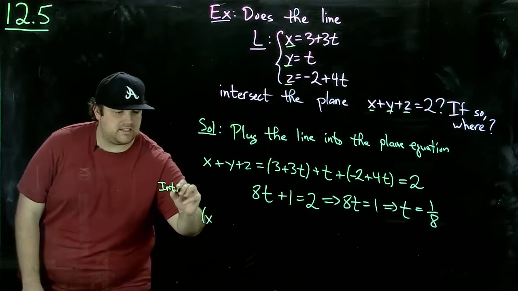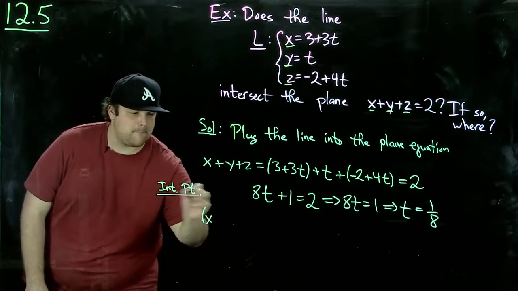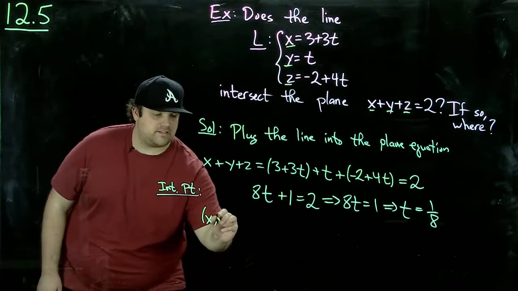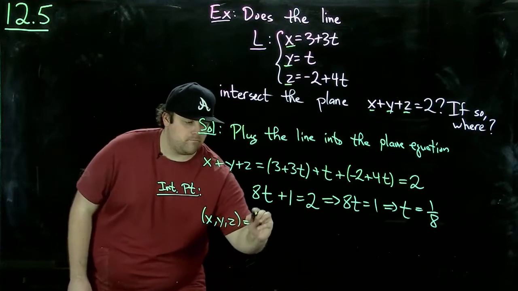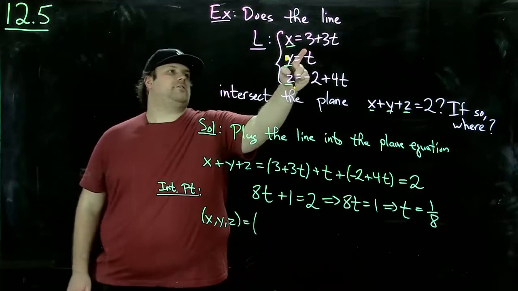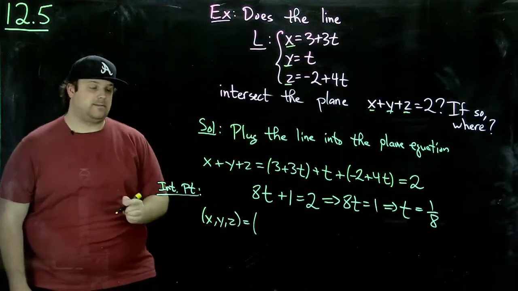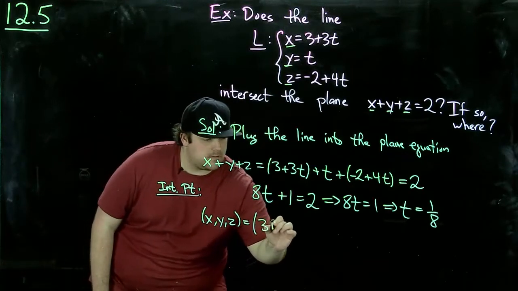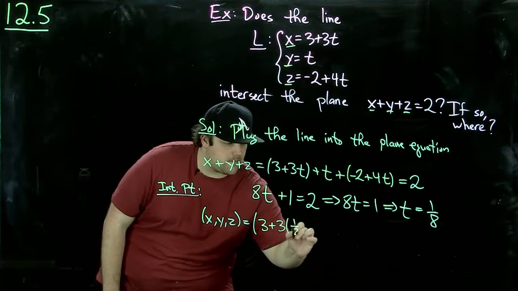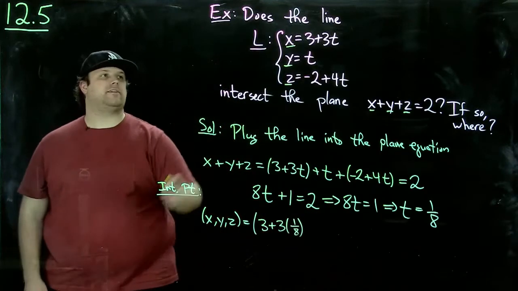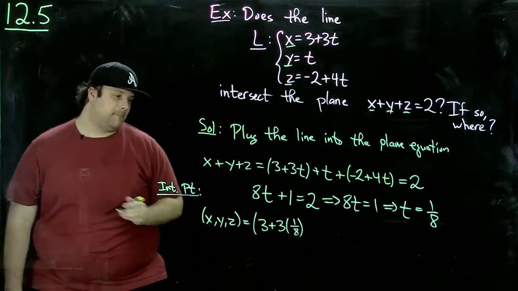Let's say the intersection point is some x, y, z. So it's going to be 3 plus 3 times 1/8. Remember, we're just plugging 1/8 into the equation of the line here.